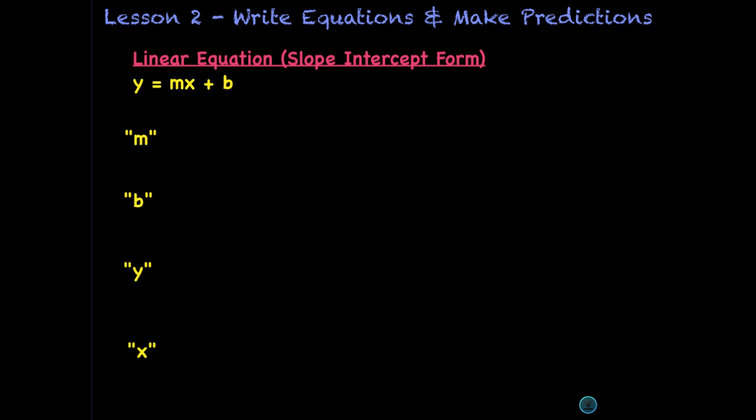Let's get started. Here we have our linear equation, y equals mx plus b. That is a standard linear equation in slope-intercept form. But let's go ahead and define these variables, especially for something like depreciation. So we'll make it specific to that. All right, so we have m first. Think about what m always equals. M in math terms is always our slope.